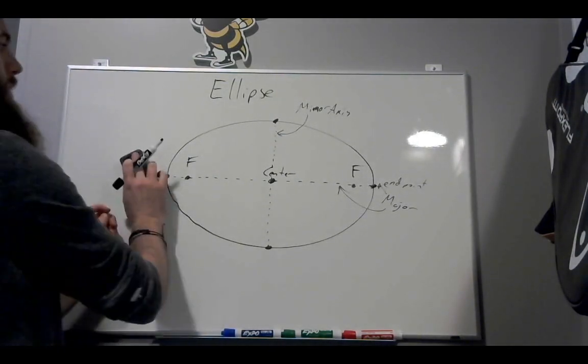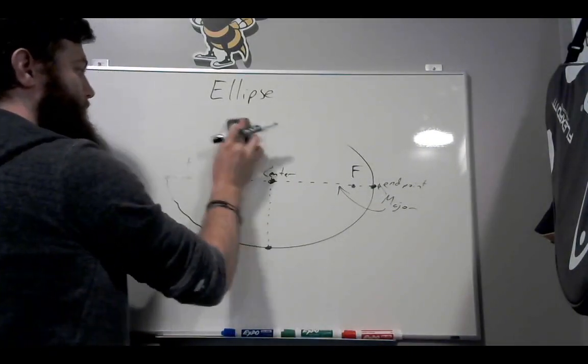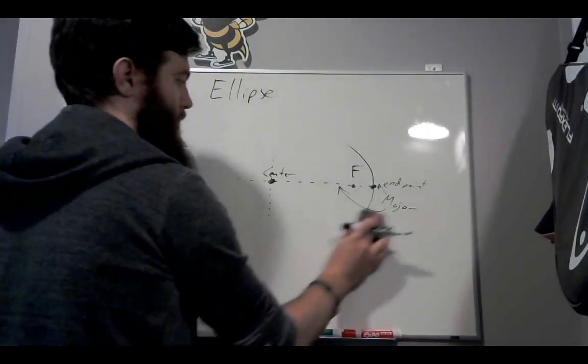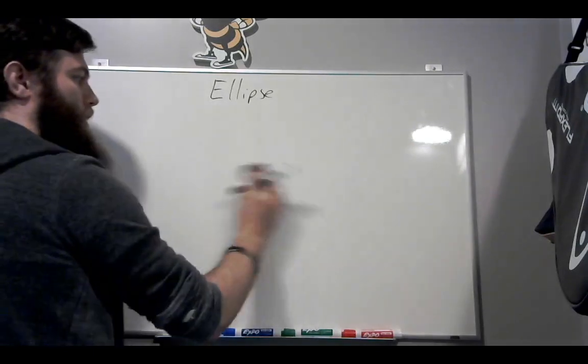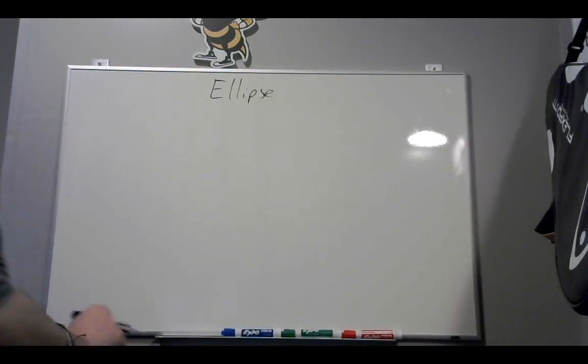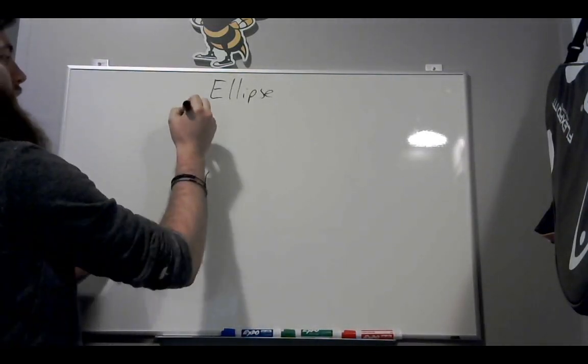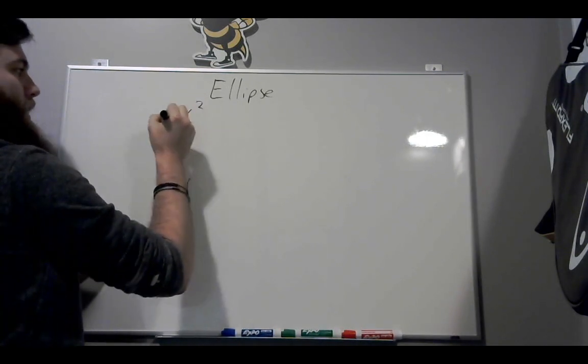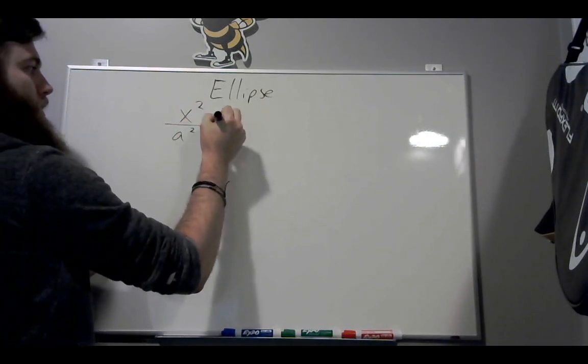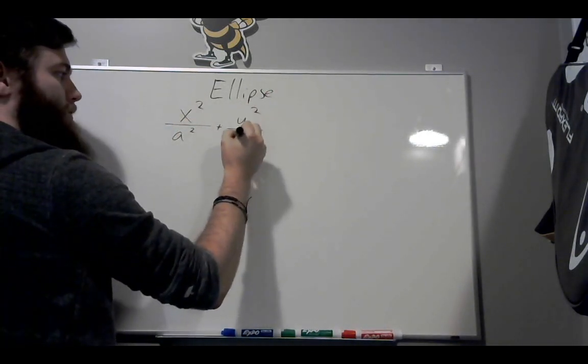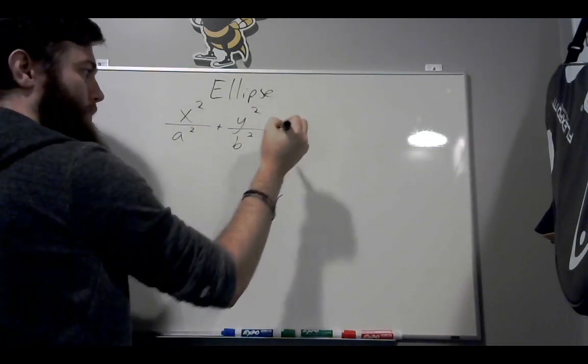The equation for an ellipse centered at 0, 0 is x squared over a squared plus y squared over b squared equals 1.